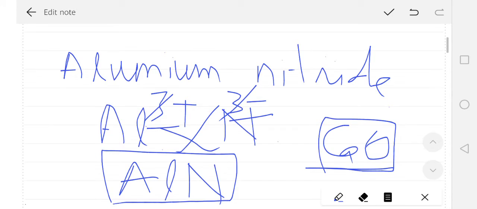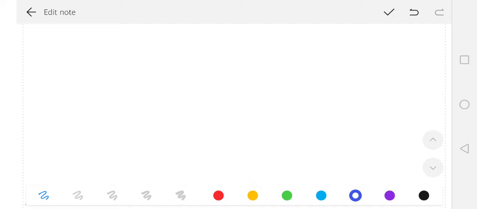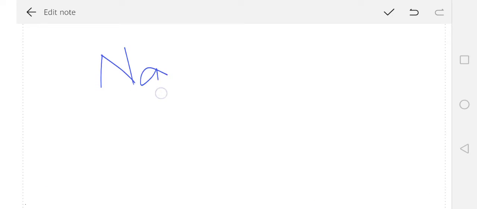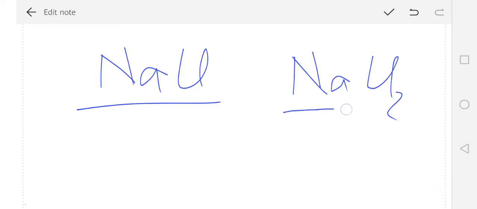Similarly, if you are supposed to write the formula of NaCl, I think all of you know the formula of NaCl. Now explore your knowledge on why this formula is NaCl, why it is not NaCl2. After this class, you get to know why one formula is wrong and why the other is right.